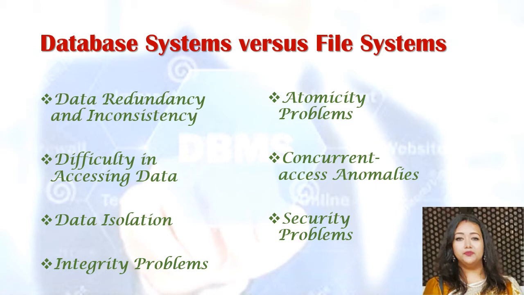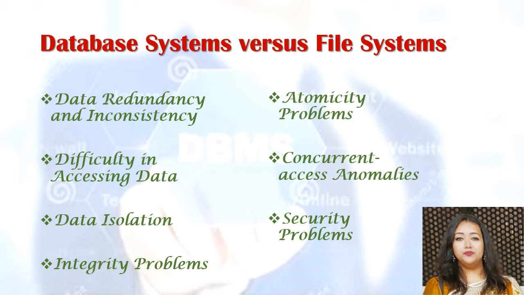What happened in the security problem? Not every user of the database system should be able to access all the data. For example, in a banking system, payroll personnel need to see only that part of the database that has information about the various bank employees.